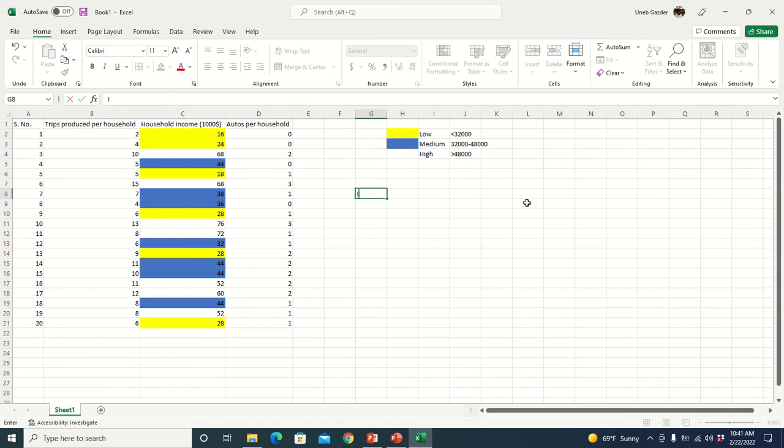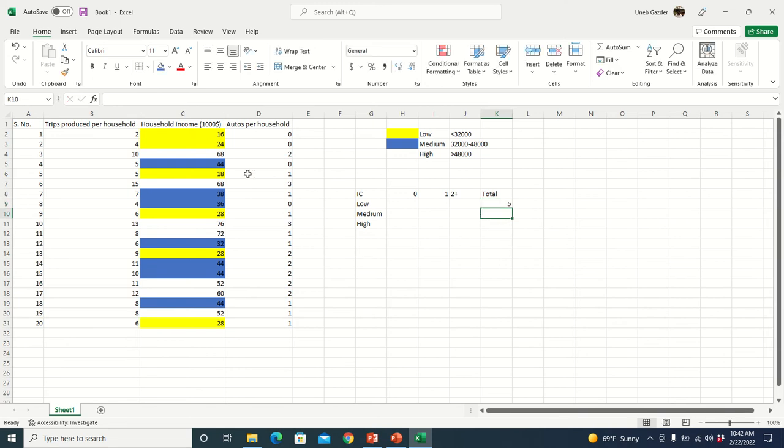Income category: low, medium, high, and then autos: 0, 1 auto and 2 plus autos, and then the total for each income category. How many do we have in the low income category? 1, 2, 3, 4 and 5. So there are 5 in the low income category. I'll put 5 here.